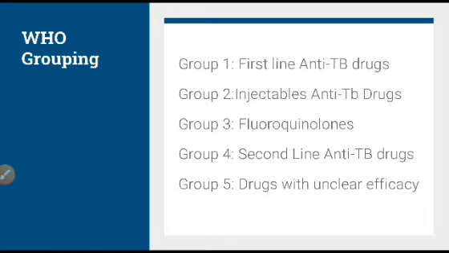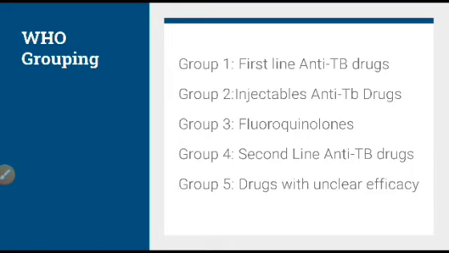I will explain later what these first line and second line drugs are. First line anti-TB drugs are the most potent and best tolerated oral drugs, and these are the most routinely used. Examples: Isoniazid, Rifampicin, Pyrazinamide and Ethambutol.